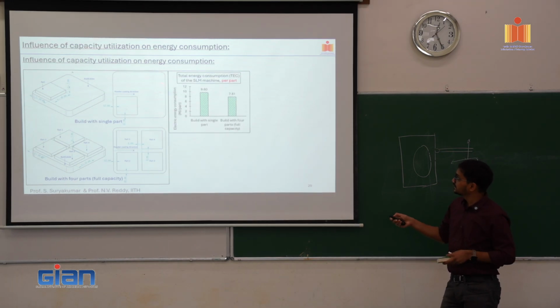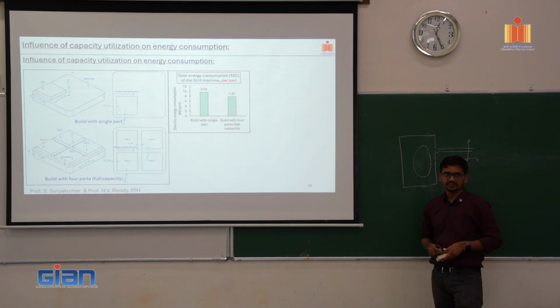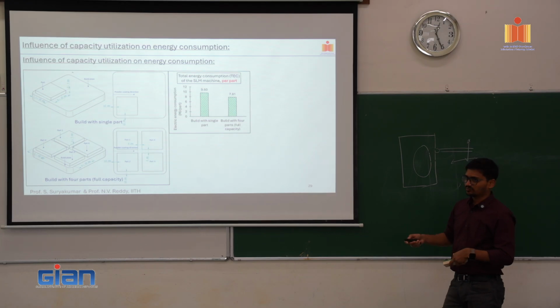This is the total energy consumption per part. When you are making a single part, you are using this much amount of megajoule. If you are making 4 parts, it reduces significantly, even though the process energy itself is increasing.